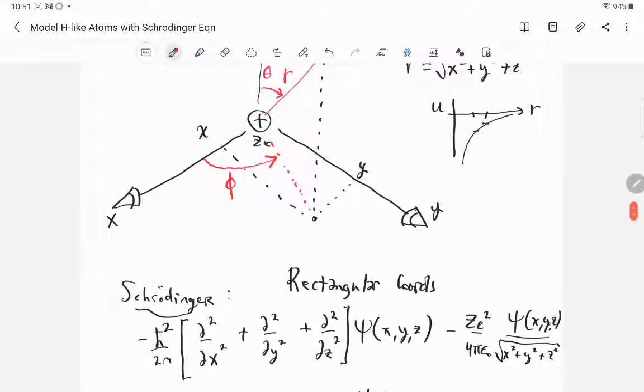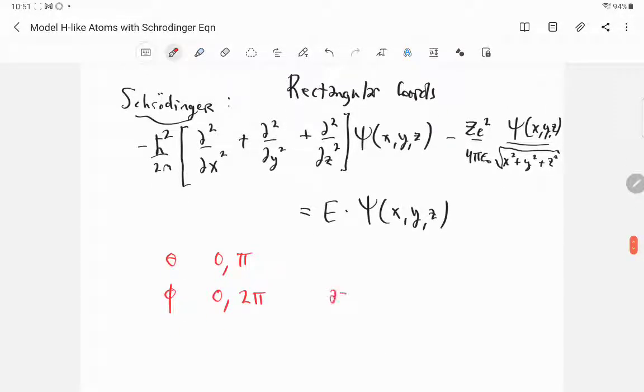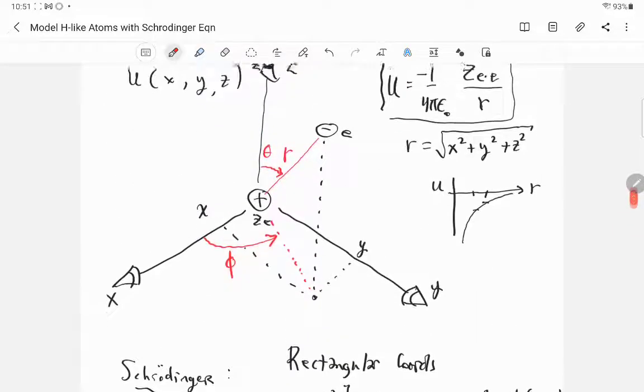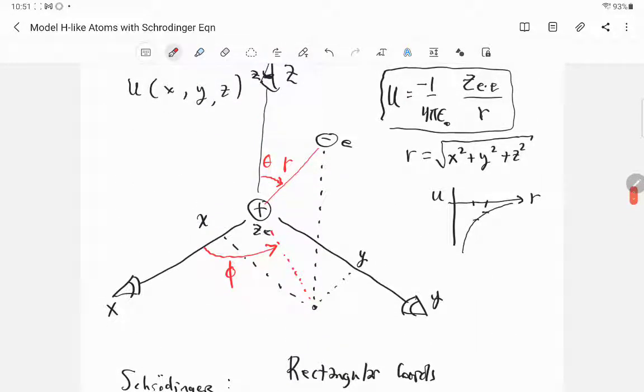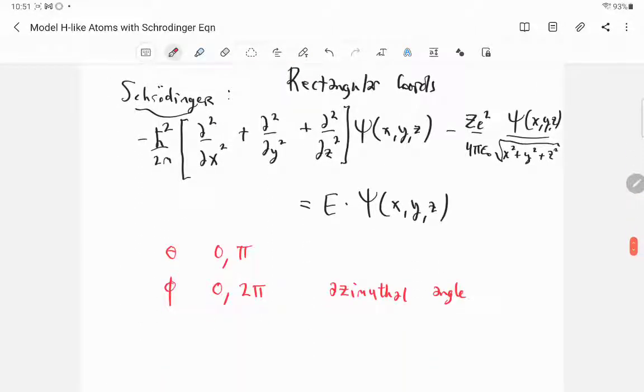This is called the azimuth, the azimuthal angle. It's the angle in the xy plane, and you can go from the x-axis over to the y-axis, that's 90, back to the negative x-axis, that's 180, back to the negative y-axis, that's 270, all the way around to the positive x-axis again. So you get 360 degrees for the azimuth angle.